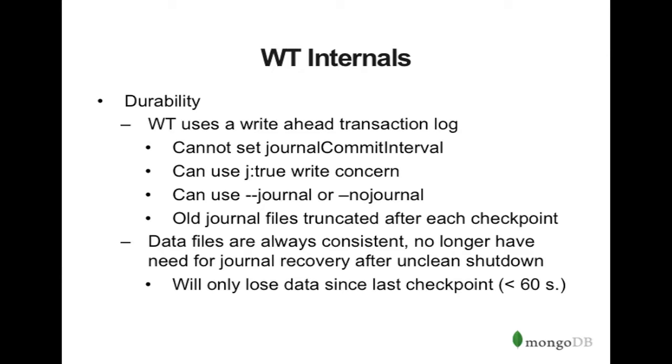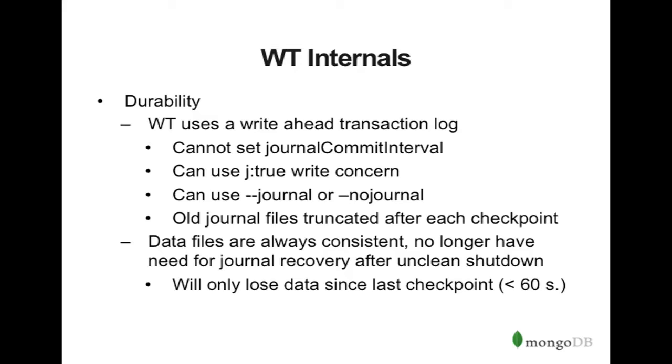One big difference is that the data files are always consistent. So what this means is that even if you have an unclean shutdown, in mmap v1, running with journaling was necessary in order to confirm that you do not have corrupt data files. So it would either clean up the corruption or detect corruption in the event of an unclean shutdown. With WiredTiger, the way that the data files are written and synced up, you actually have a guarantee that the data files are always consistent, even with an unclean shutdown.